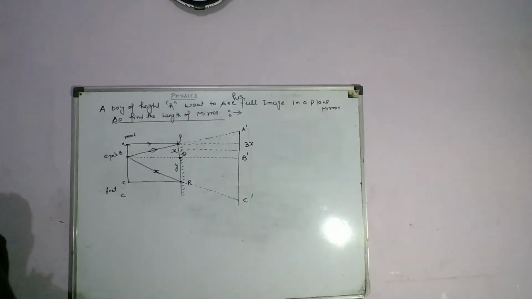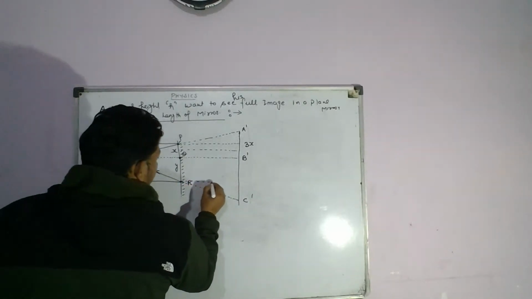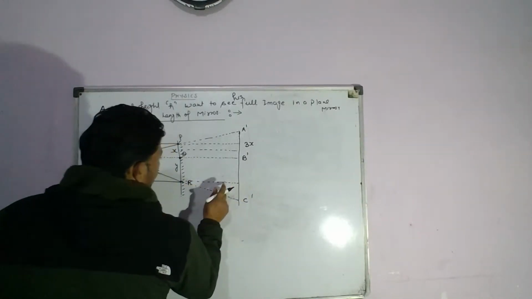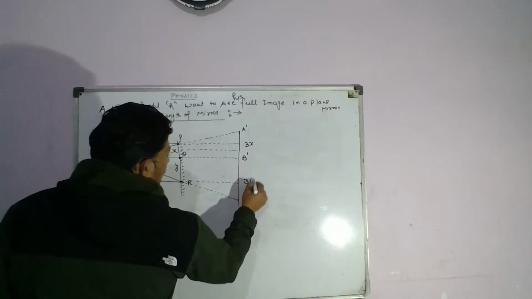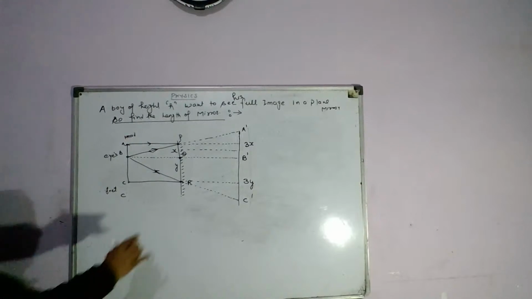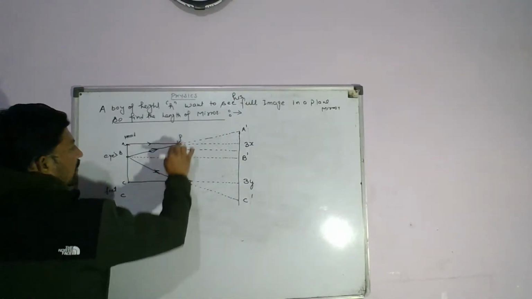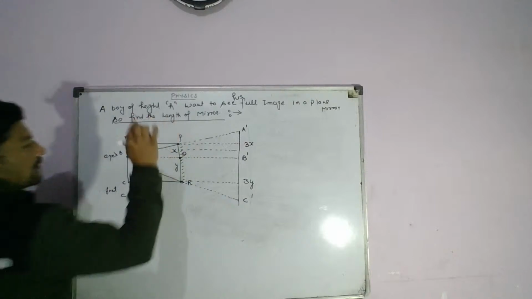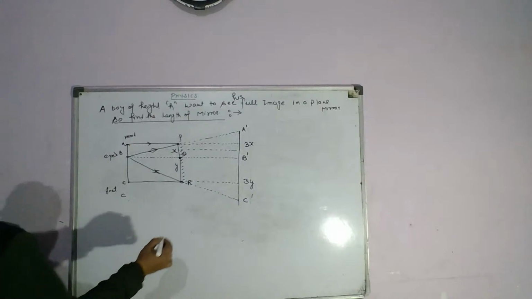Similarly, on this side it is 3y. It means we remove the mirror part and the upper part, and we solve according to the equation.